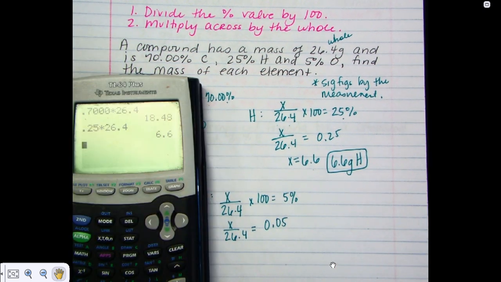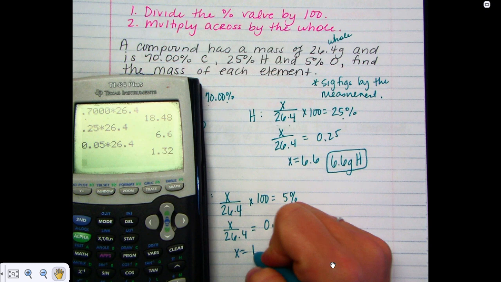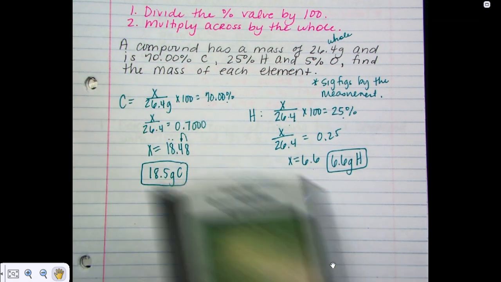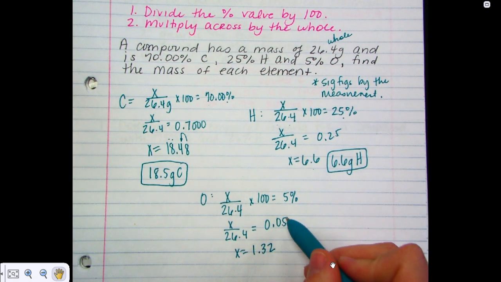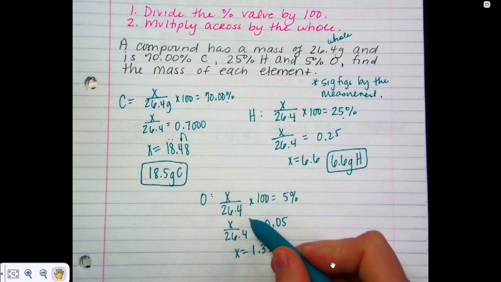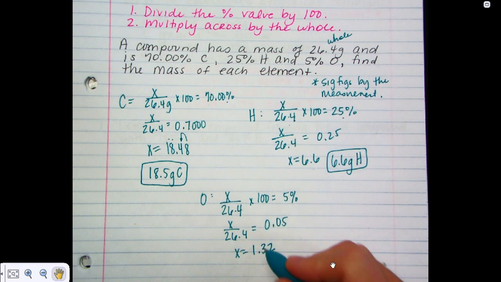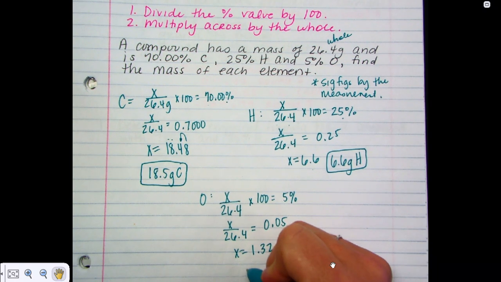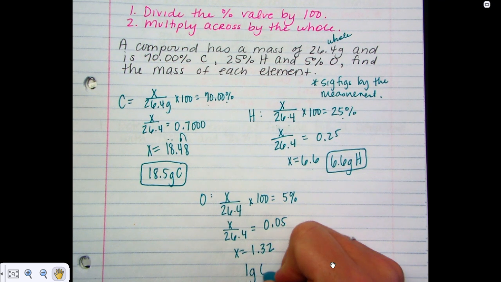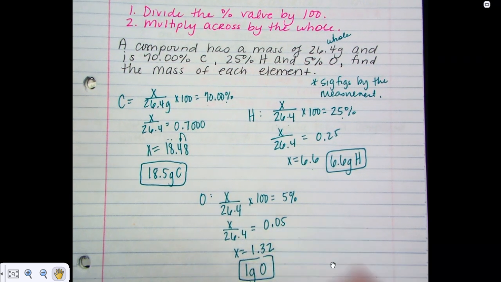And then 0.05 times 26.4 gives me 1.32. All right, sig figs. 5% had one sig fig, 26.4 had three. I can only have one. The 3 doesn't round, so 1 gram of oxygen is what is in my compound.